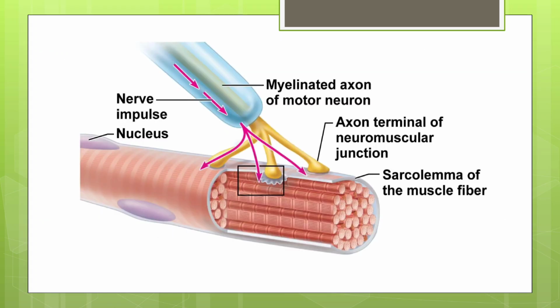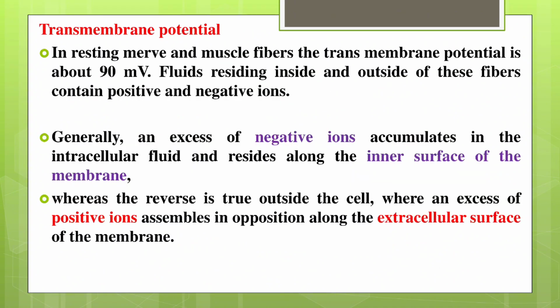Here we can see the transfer of nerve impulse from a motor neuron to a muscle fiber at the neuromuscular junction. Transmembrane potential. In resting nerve and muscle fibers, the transmembrane potential is about 90 mV. Fluids residing inside and outside of these fibers contain positive and negative ions.